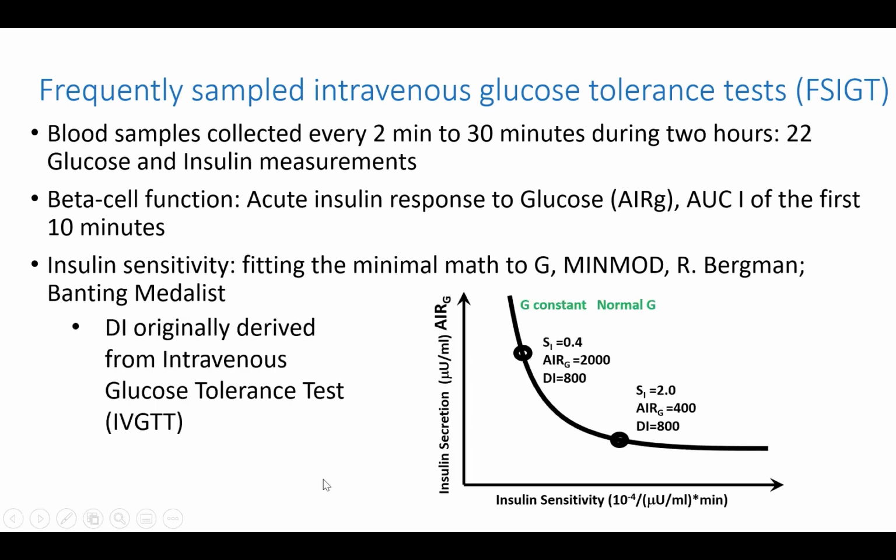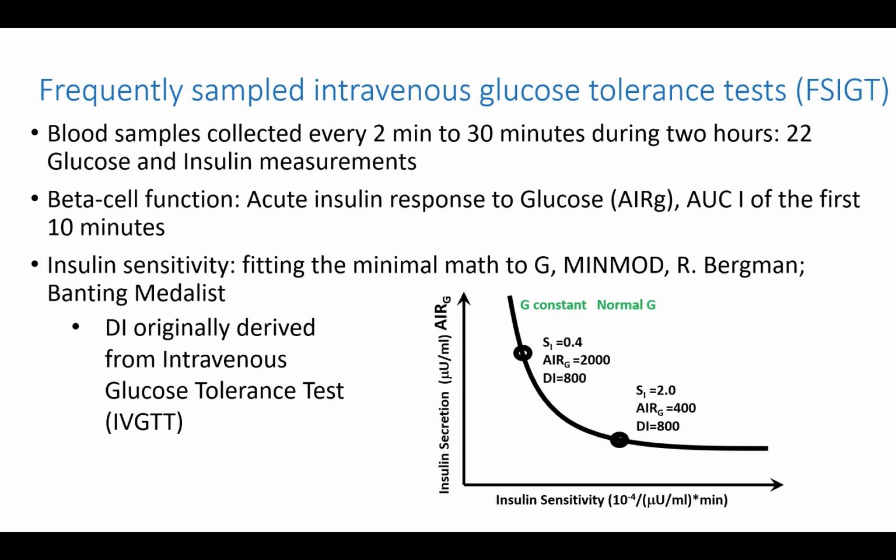The disposition index was originally derived from the intravenous glucose tolerance test. As you can see here, the x-axis is SI and the y-axis is beta cell function, AIRg. Along this curve, the glucose is normal and constant. Say, at the beginning, SI is 2.0 and AIR is 400, so their product is 800. As insulin sensitivity decreases by aging or obesity or something else, beta cell function accordingly increases like this.